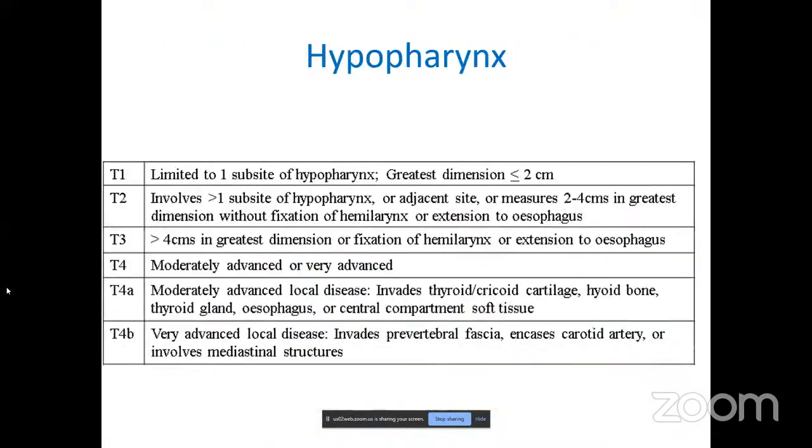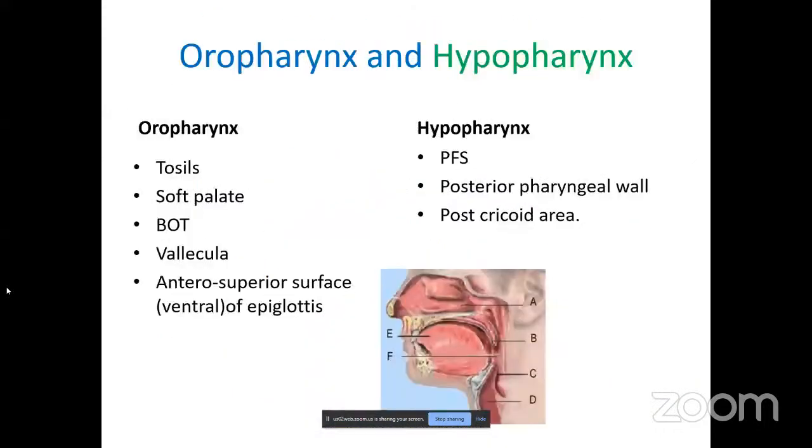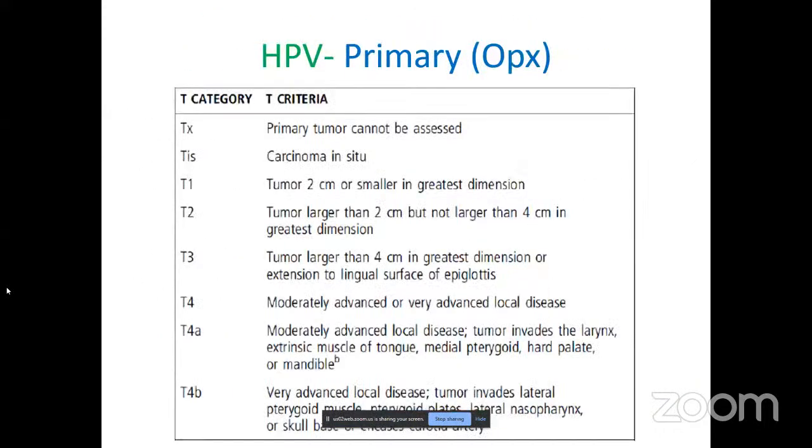So once you do the examination, then it is the time for the staging of the patient. I'm not going into details about the staging of oropharyngeal carcinoma, but the important aspect after AJCC 8 is that they have divided into HPV negative and HPV positive oropharyngeal CA.